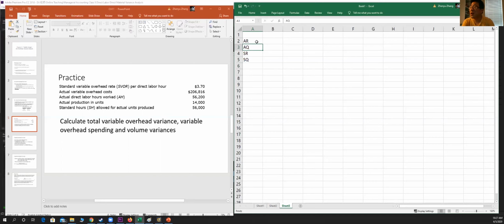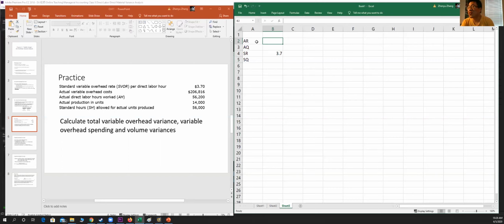Standard variable overhead rate per direct labor hour. This is a standard rate given to us already, $3.70. And actual variable overhead cost. So actual cost is 206,816. That's the actual cost.